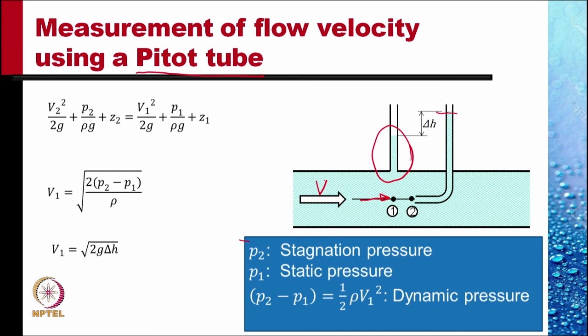So that's why P2 is termed as the stagnation pressure. And the difference P2 minus P1, which by Bernoulli equation is nothing but 1/2 rho V1 square, is termed as dynamic pressure, the pressure because of the velocity of the fluid.